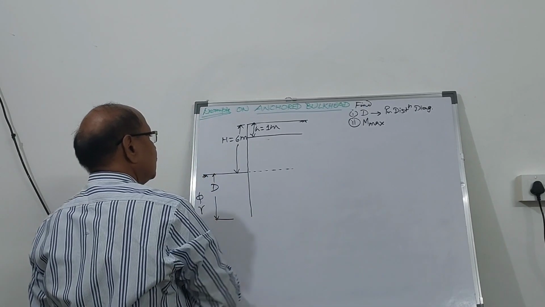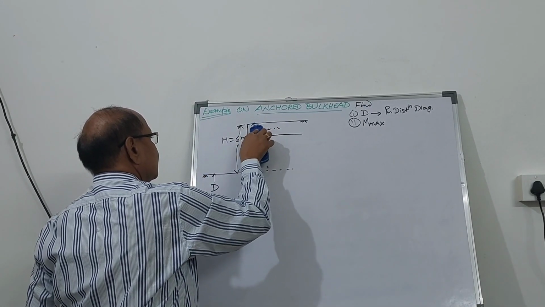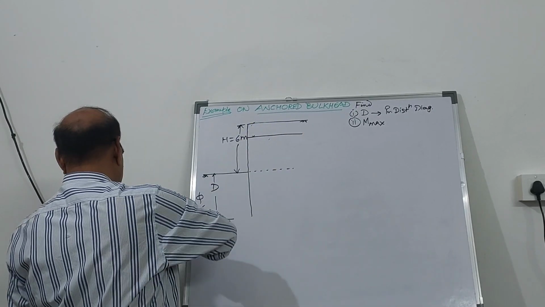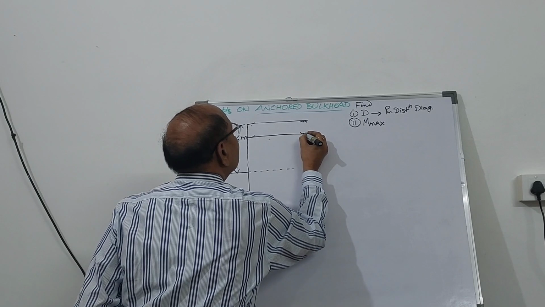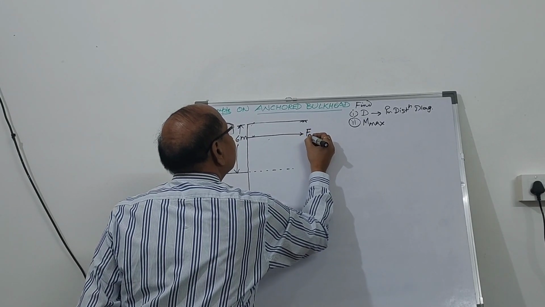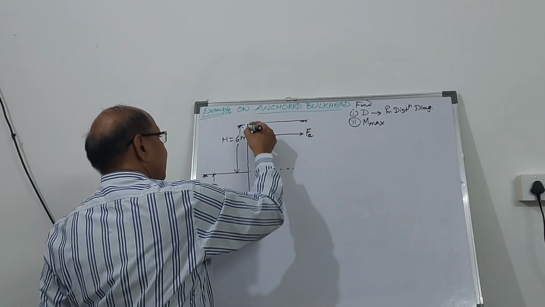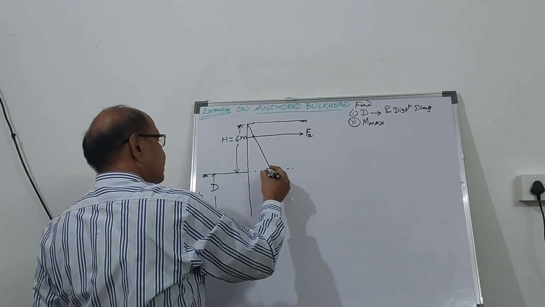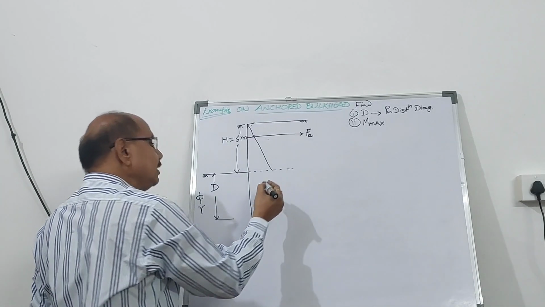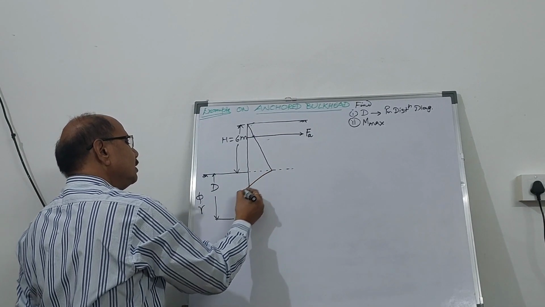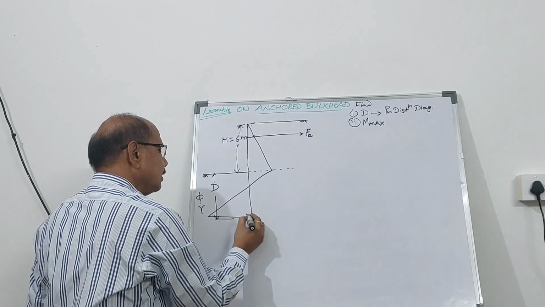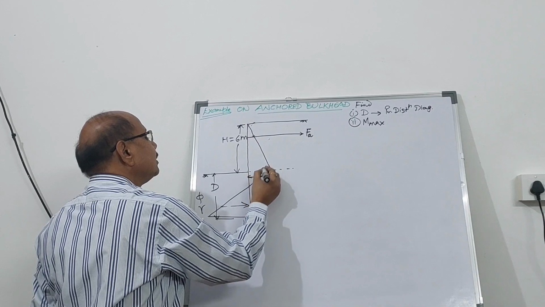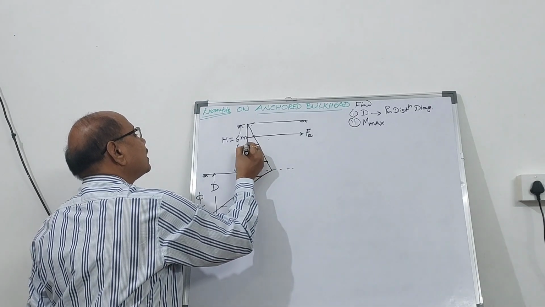So now here this is the anchor rod having force in the anchor rod as Fa, and because it is a granular backfill, it is going to be hydrostatic pressure like this, and then it is going to change like this. So this is the passive pressure, and this side it is the active pressure.